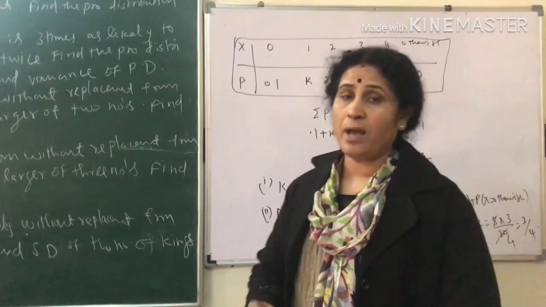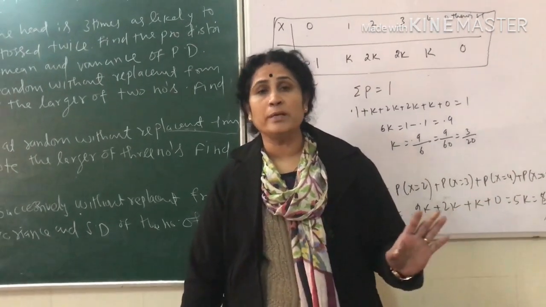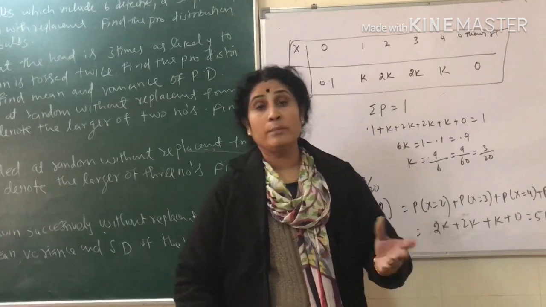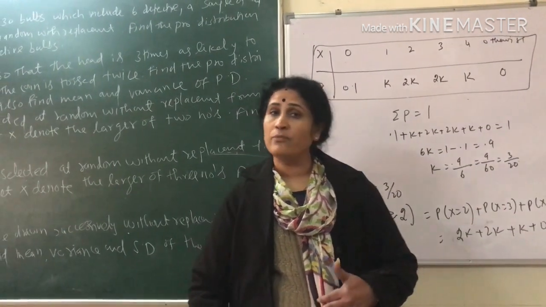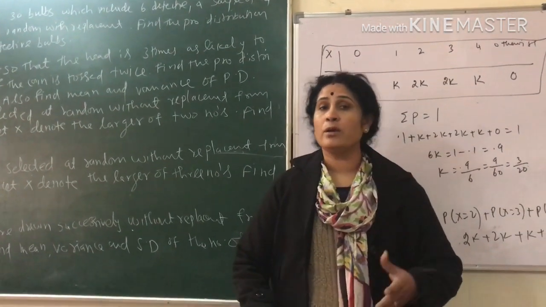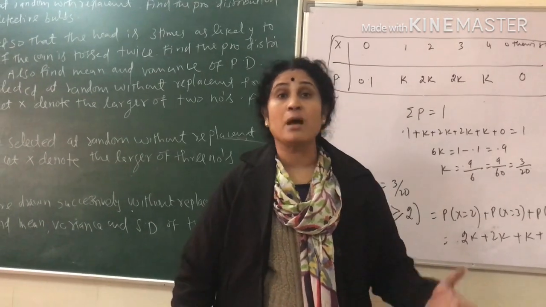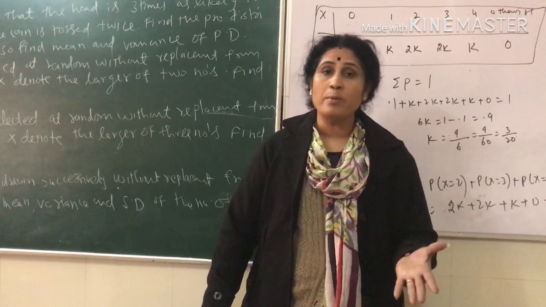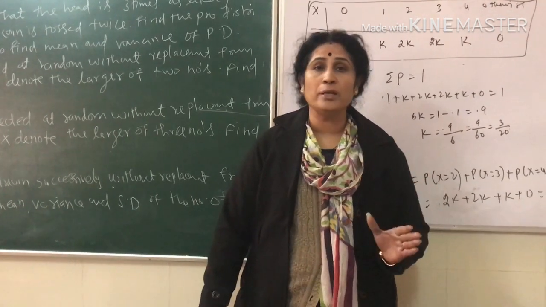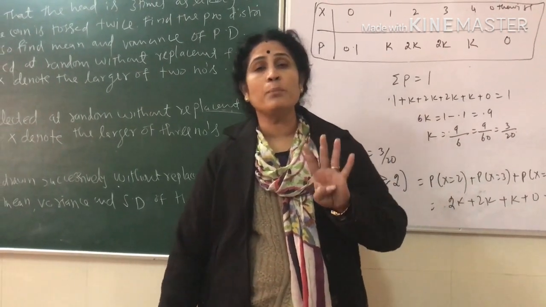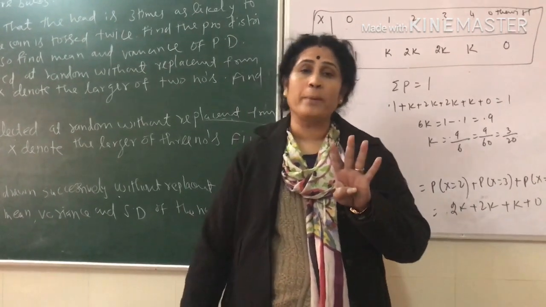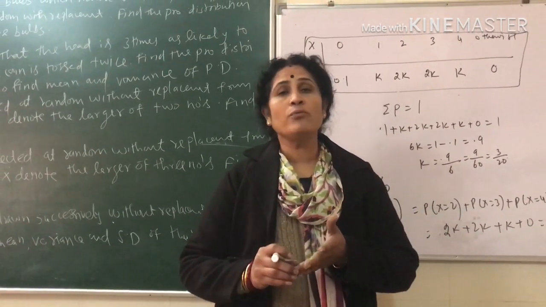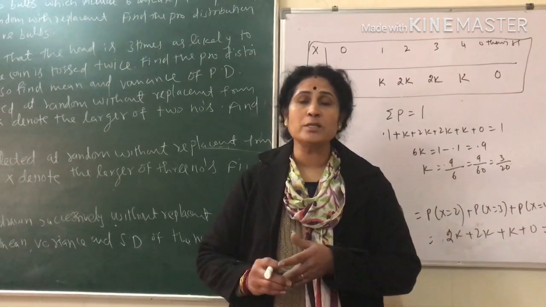So now today we have seen the entire probability distribution: how to find the mean, variance, standard deviation, what is the meaning of with replacement, what is the meaning of without replacement. If you are not able to prepare the sample space, what formula we can use to find probability. Each and everything I explained to you. Now see, in total probability there are 4 topics: conditional probability, Bayes theorem, law of total probability, and probability distribution.